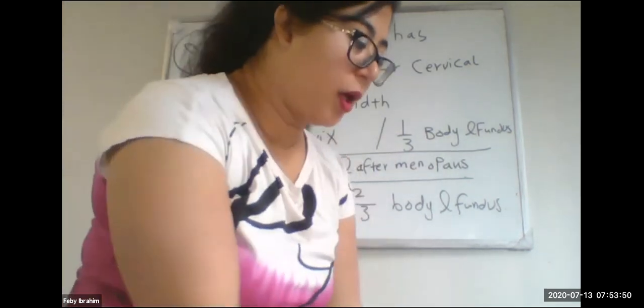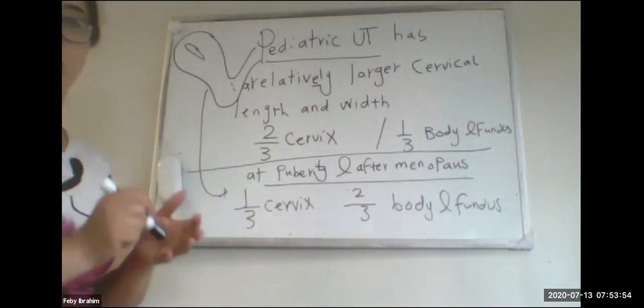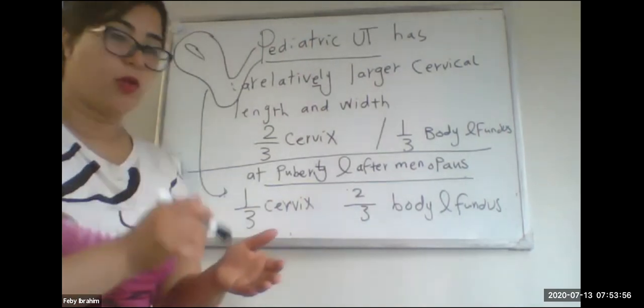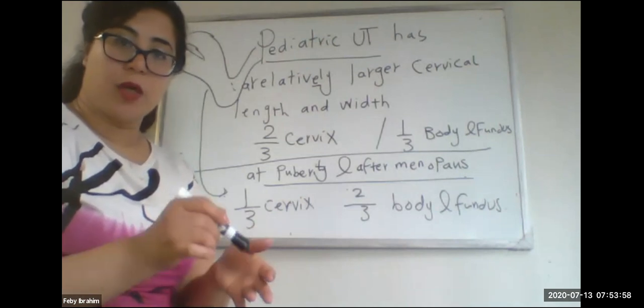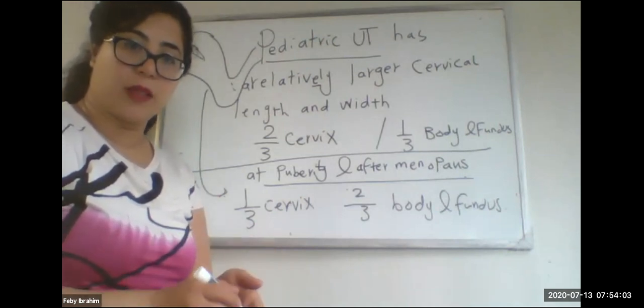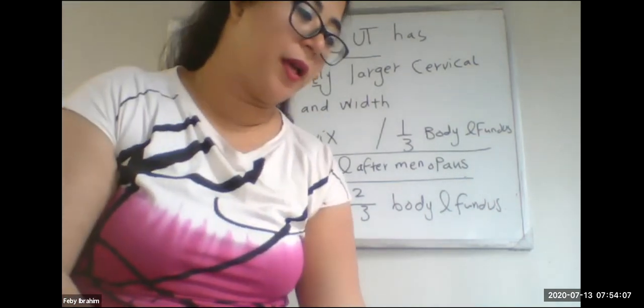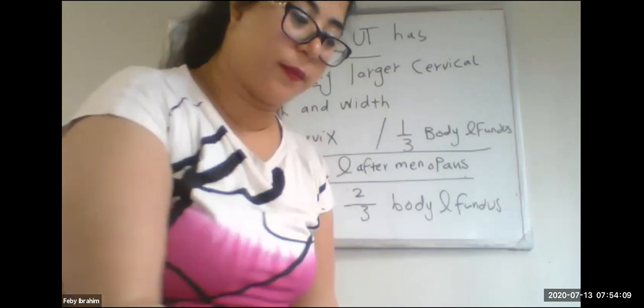So if we talk about the uterus, you want to know the shape, the parts, the layers, and the size of the uterus. Next, it will be the uterine positions.